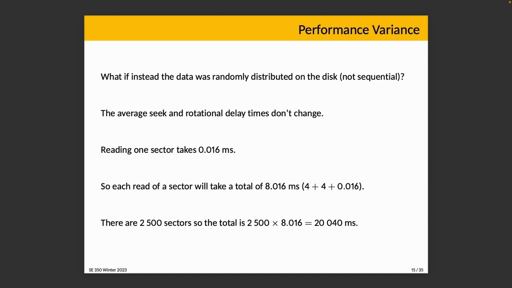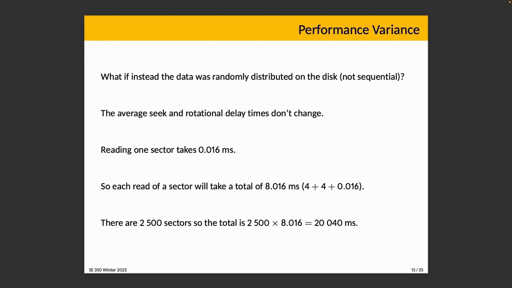What if instead data is randomly distributed on disk? So it's not sequential. We have to jump around on disk every time to get every single block of this data. Well, the average seek and rotation times don't change. Those remain as they were. But then we can say, all right, reading one sector takes 0.016 milliseconds.